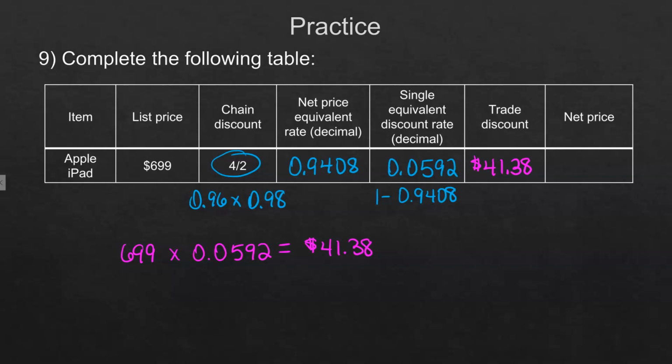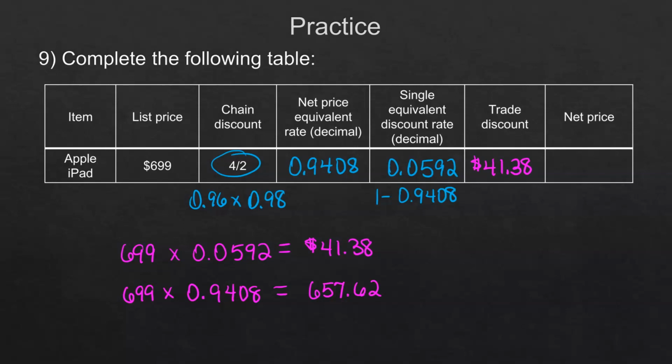And then the net price we can figure from the net price equivalent. We'll do it that way this time. So we'll take the $699 and multiply it by the 0.9408. And when we do that, we get $657.62. So you can see that that's the difference, right?